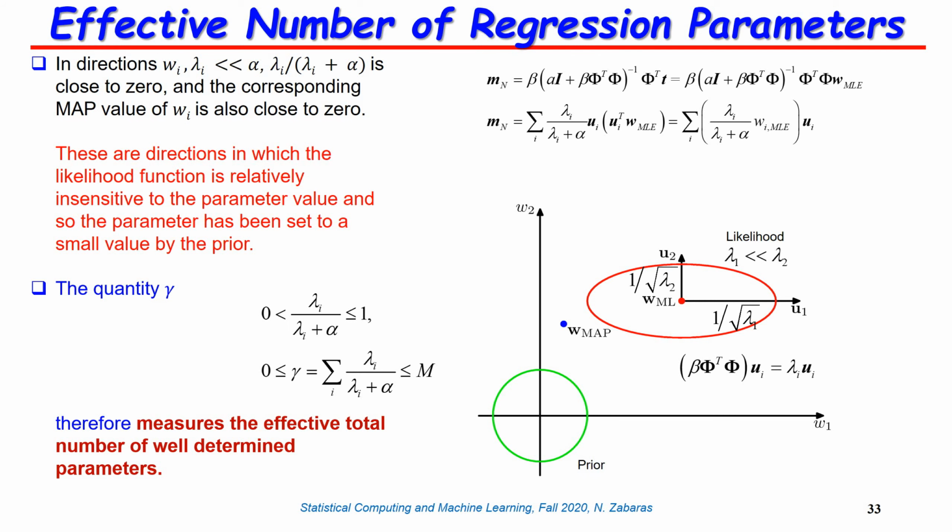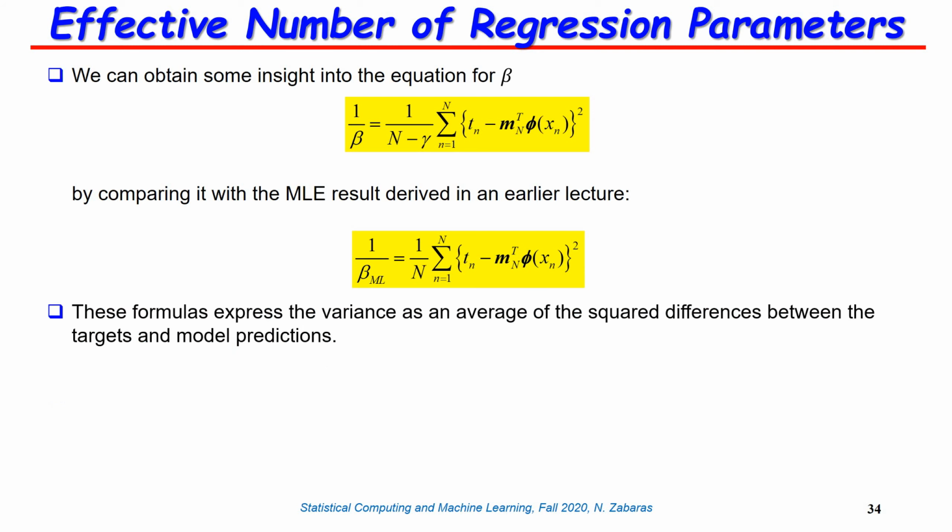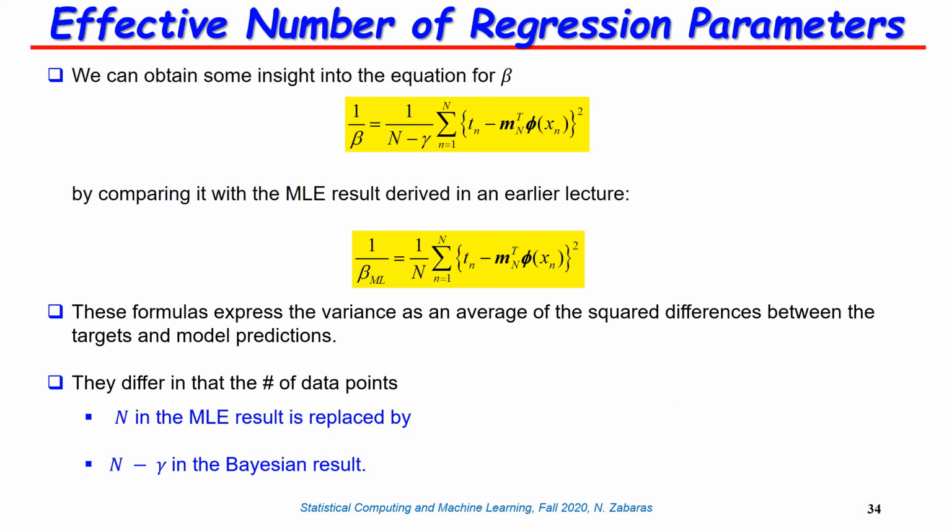Now it turns out with this number of effective parameters that we can relate this idea with what I mentioned before with the unbiased nature of the estimate. I reminded you that in the MLE estimate for the variance, the unbiased estimate is 1 over n minus 1.